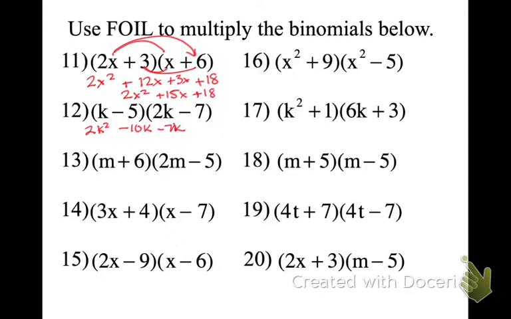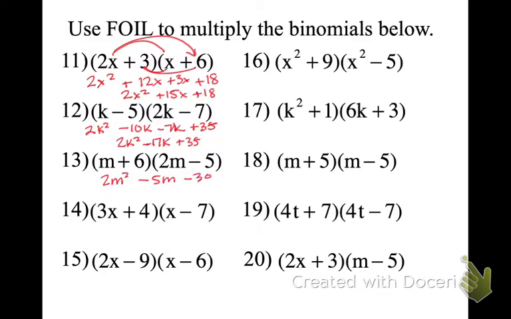And last is plus 35. So it's 2k squared minus 17k plus 35. Then 2m squared. Outside is minus 5m, minus 30. Okay, hopefully you get the idea.